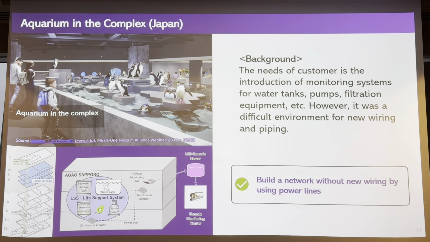However, it was a difficult environment for new wiring and piping. So they utilized Nessum technology for power line communication. By using the existing power lines to build the network, they were able to construct an IoT network at a low cost.